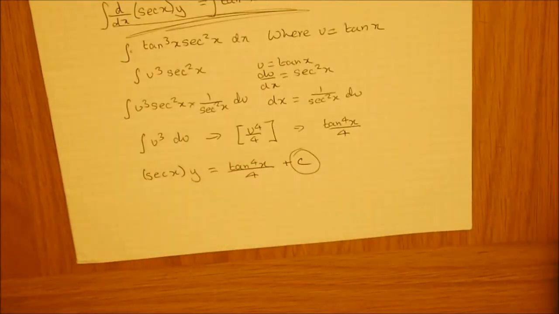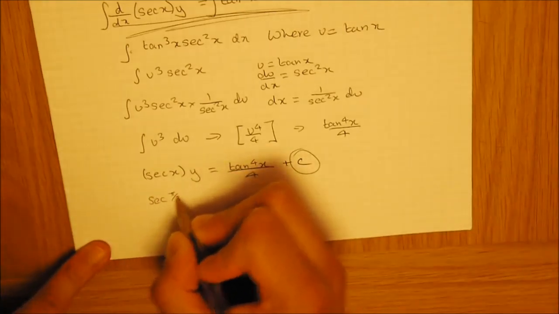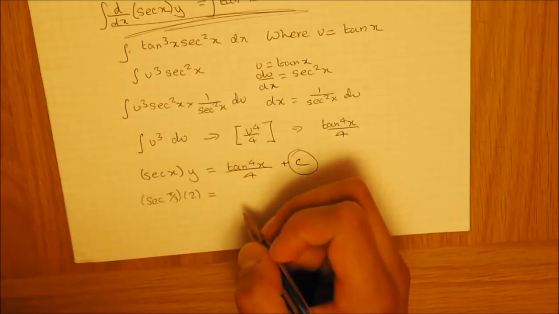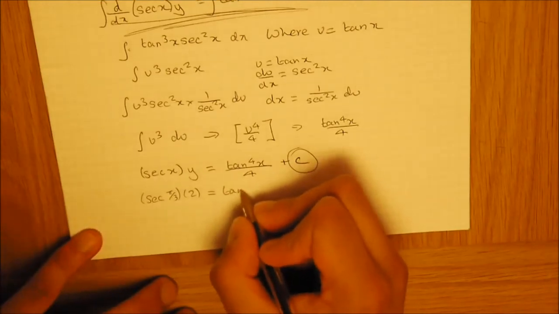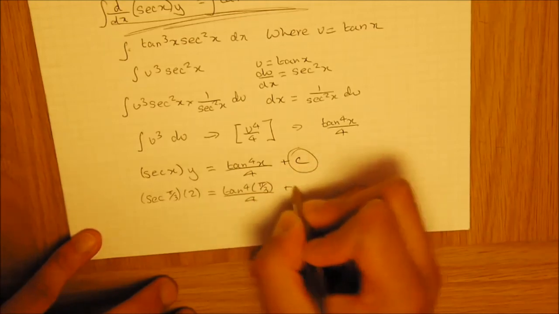So obviously subbing those in will give us sec pi over 3 times 2 equals tan to the 4 of pi over 3, over 4, plus c.